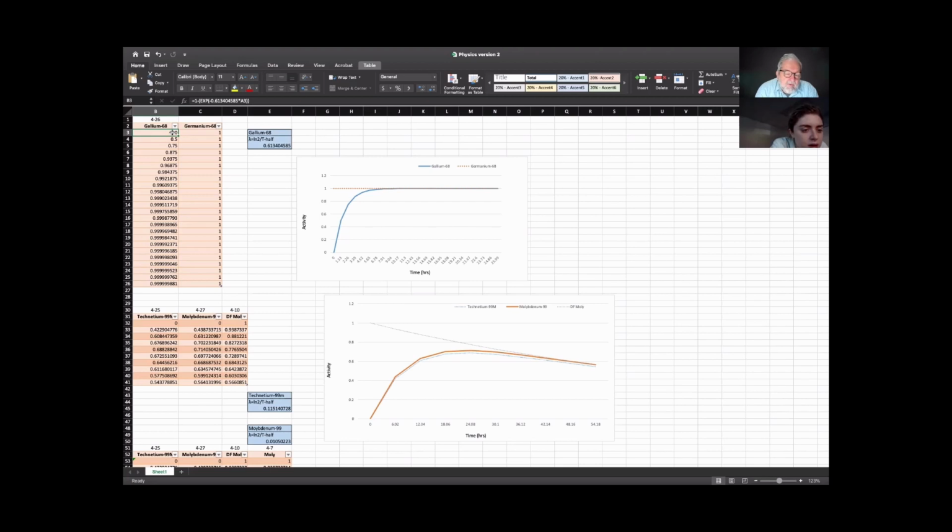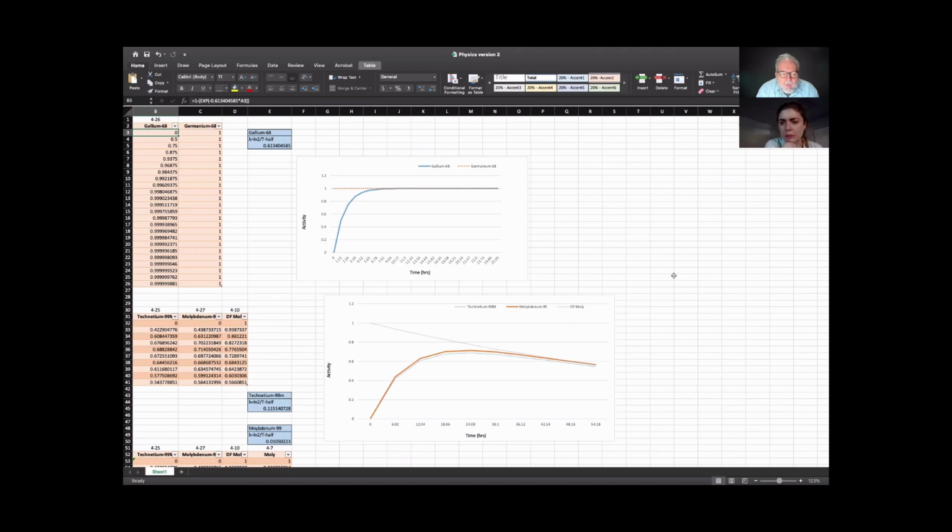Half-lives of gallium, so that's what I put at the bottom. The time is just increments of half-life. So 1.13 being 1 half-life, 2.26, et cetera. So by 5 or 6 daughter half-lives, it's almost equivalent. Okay.